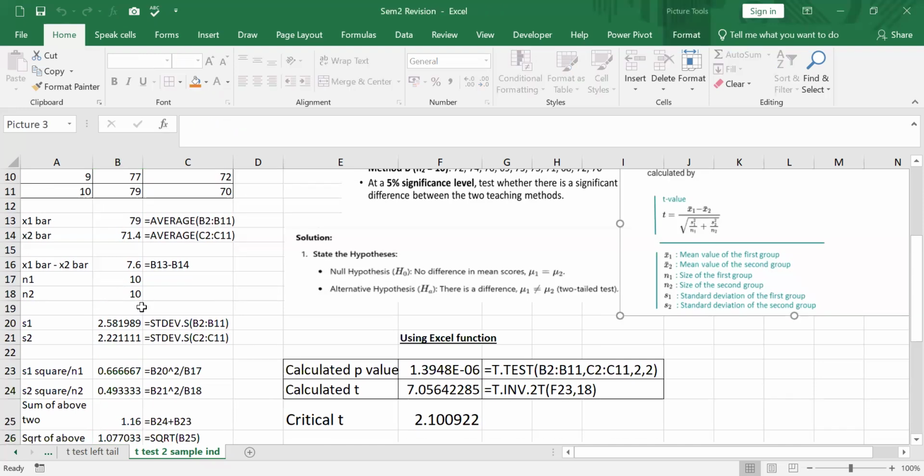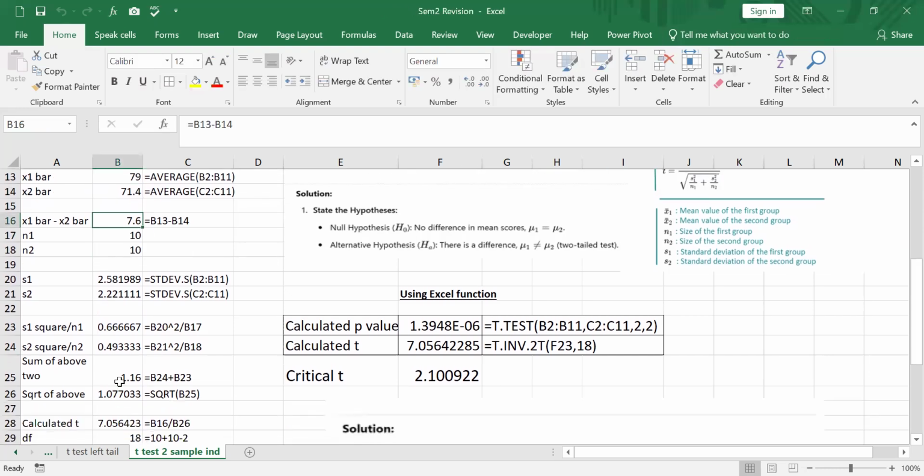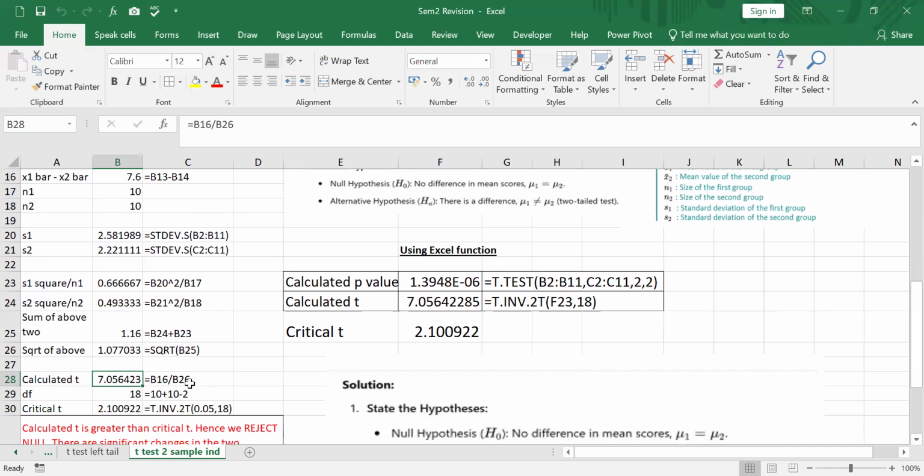Numerator is here, 7.6, at B16, divided by B26. So that comes to 7.05, and that is the calculated t-value.